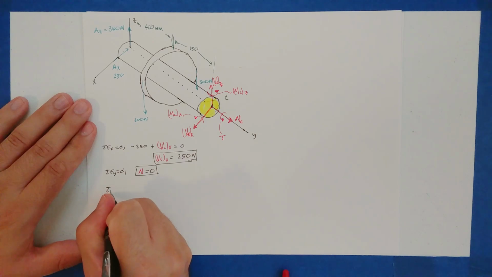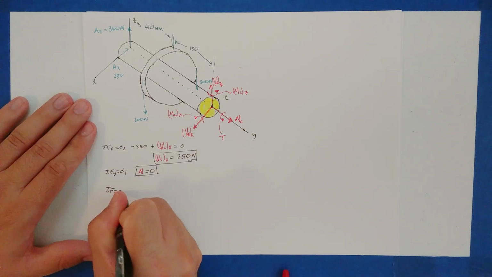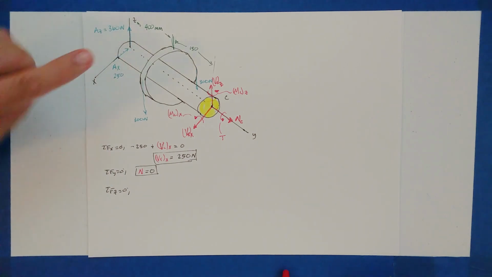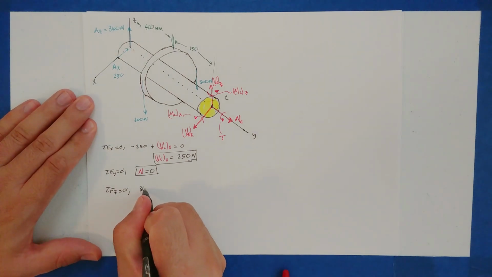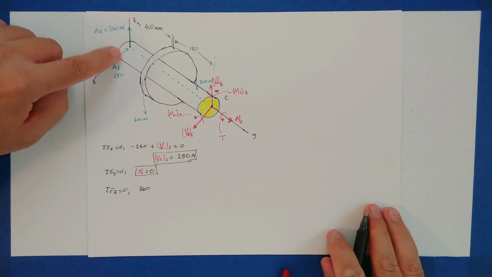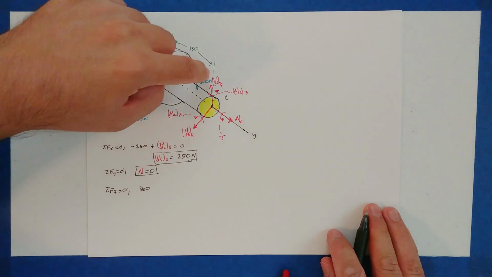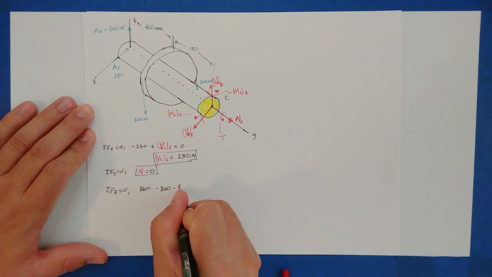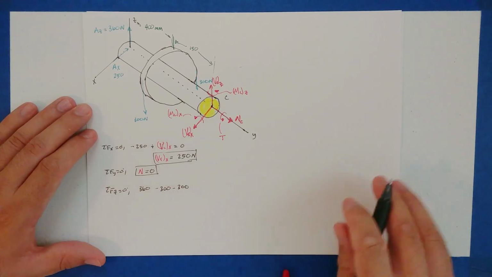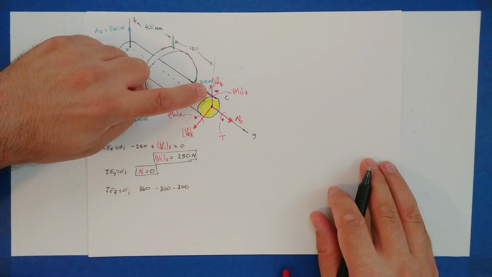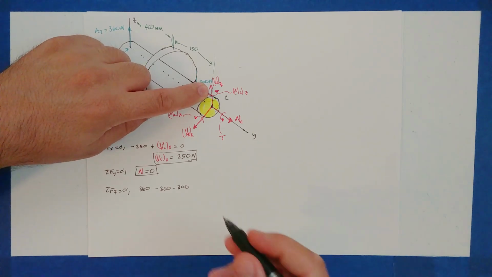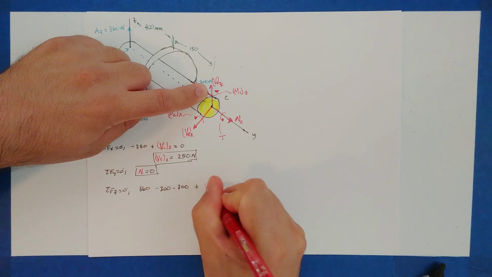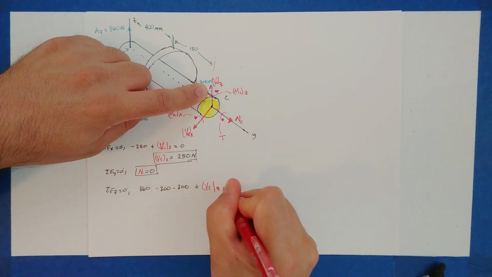Let's finish it off. The sum of the forces in the Z direction equals 0. What do we have? At point A, we have positive 360. And then we have minus 300, minus 300. And then we have our shear force in the Z direction, which we assume positive, so plus the shear at C about the Z direction.